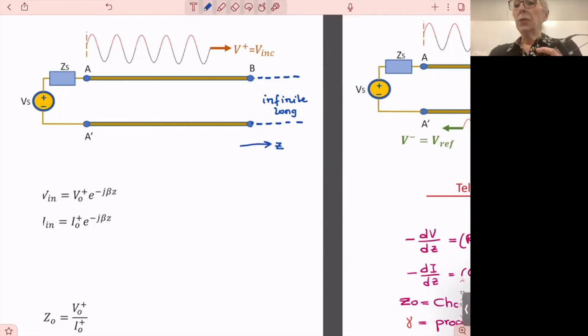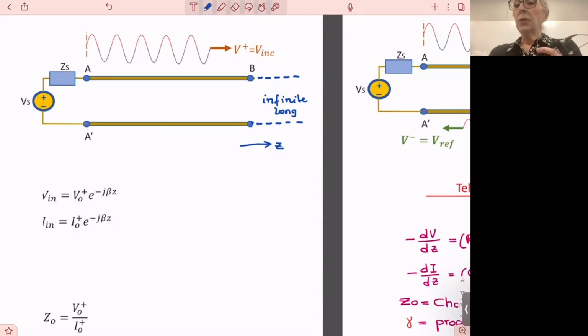We call it phasor because all of the entities are complex. In any case, you get this as the incident wave, and this wave keeps going. It does not see anything else but the line itself, so it only exists as an incident wave, and nothing else.